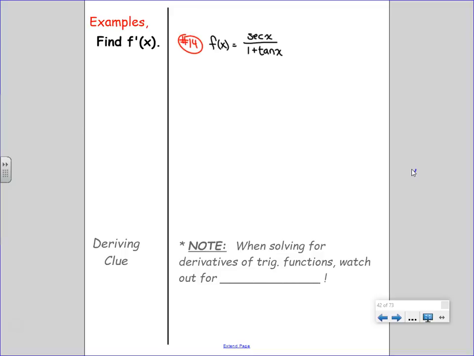Just the way it's written. And some of you, my test-proofers, are like, wait, but I can change that to be this, and then maybe I can simplify this. Let's just say all the multiple choice answers don't have sines and cosines, but they do have secants and tangents. Leave it the way it is and use the rules that we just wrote down.